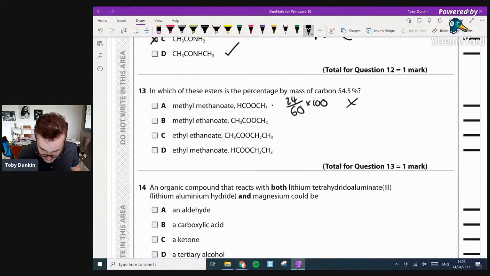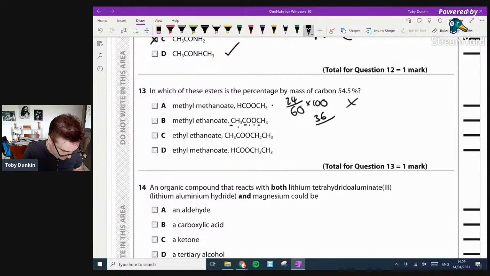So this now is 3 carbons. So this is now 36. I'll step this out. 36 over what's now the total of that guy. The reason why I'm using 36 is because I've got 3 carbons, by the way. So I can take 36 and add on the other atoms. Add on the hydrogens there at 3, plus the 2 oxygens at 32, plus 3 at the end.